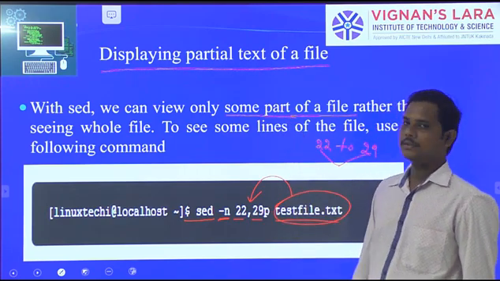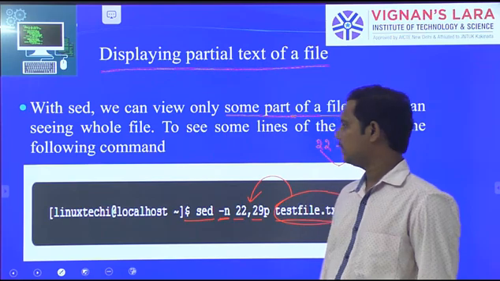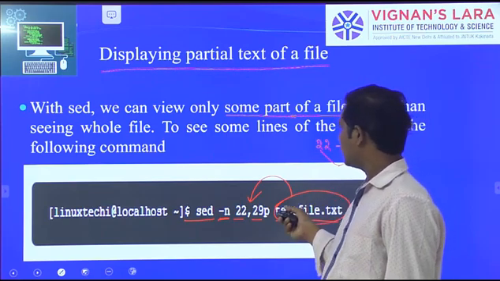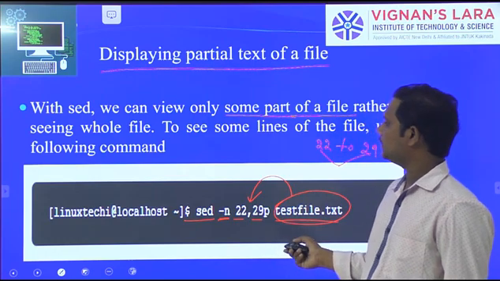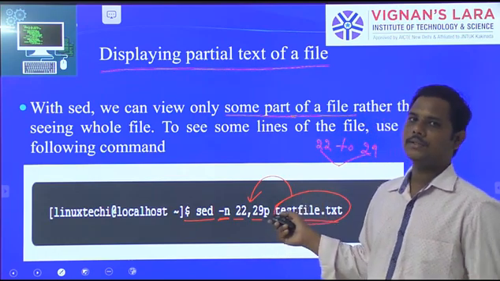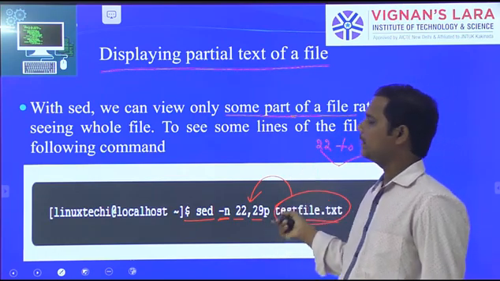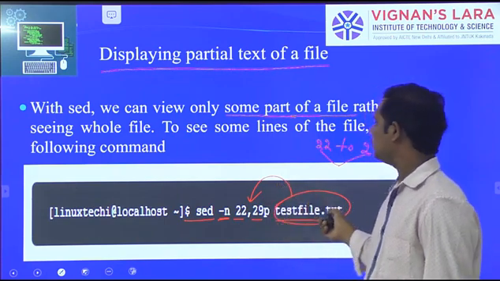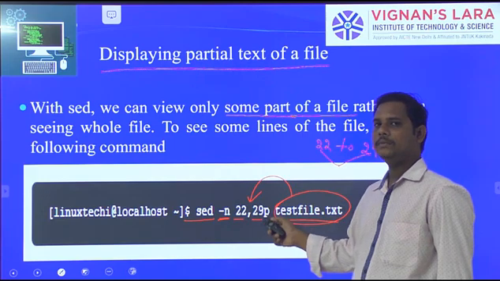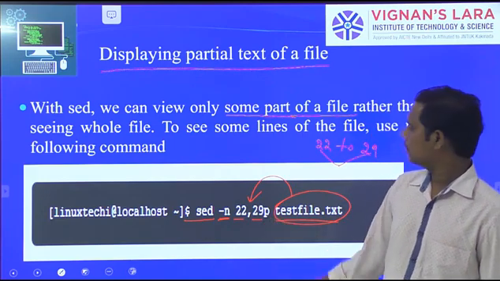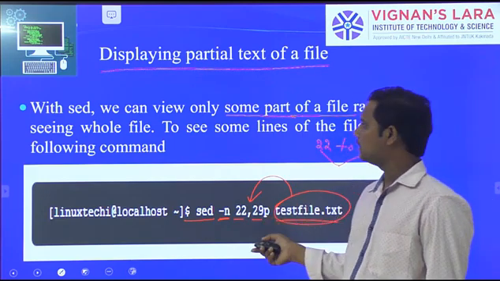So this is called a sed command operation. First, we can display information. It is a search operation: what lines we want to search and display. These lines are searched and displayed as the output.